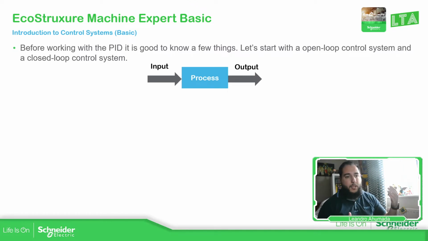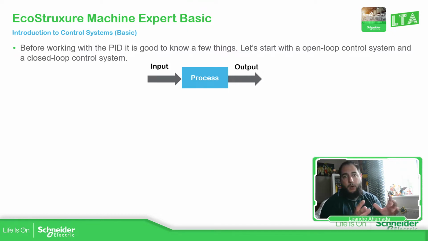So we have one input and we're going to have one result, the output. You can see later in different books that you can have SISO, MIMO, or a combination of both, but in this case, we're going to focus only on single input and single output systems.